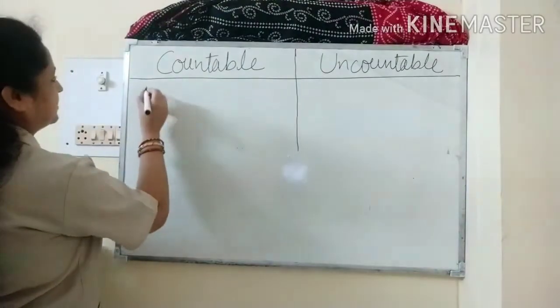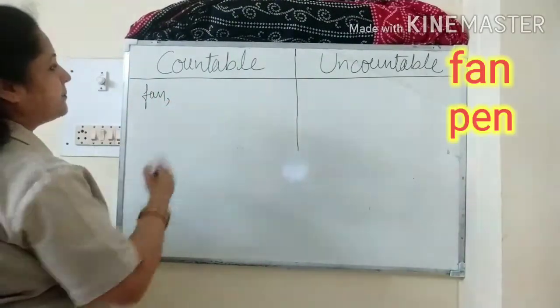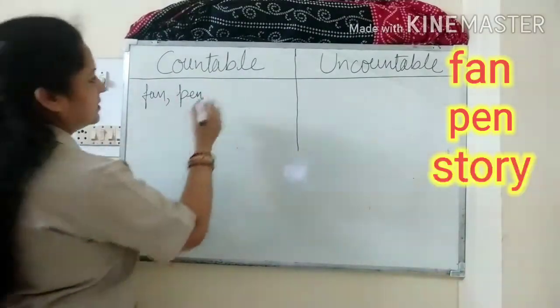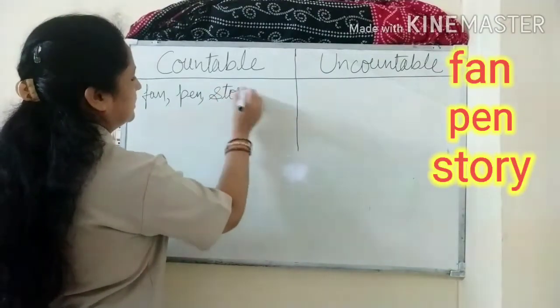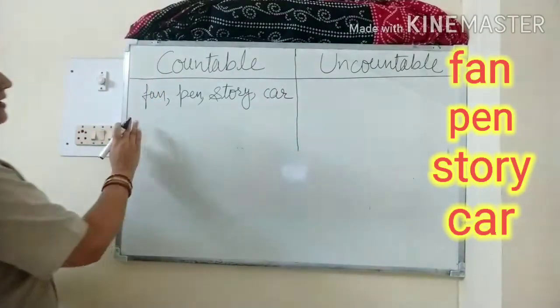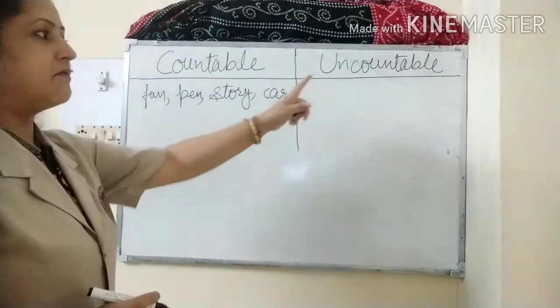Just like fan, pen, story, car. All these are the examples of countable nouns.